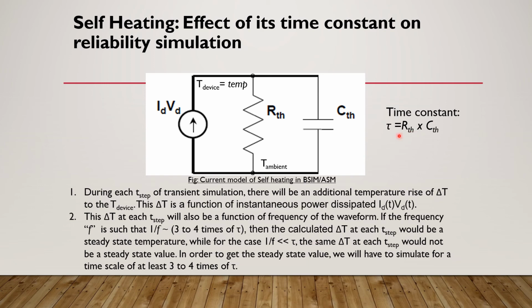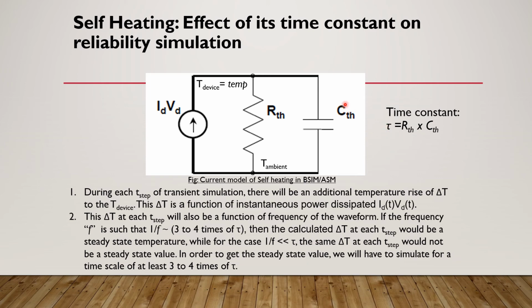In that case, you believe that your self-heating model is going to predict some shift in the reliability. However, it will not, because inside the simulation, your tau is such.